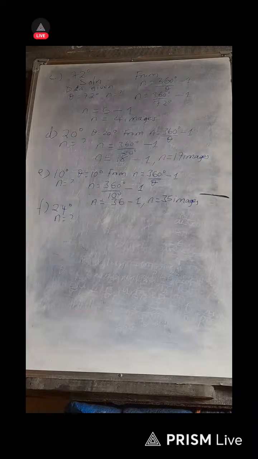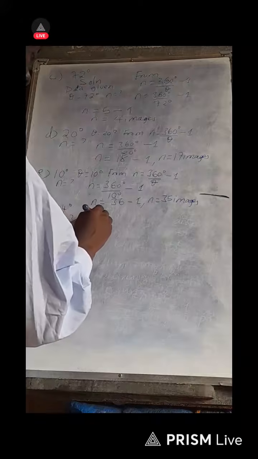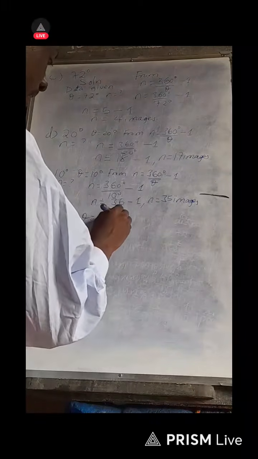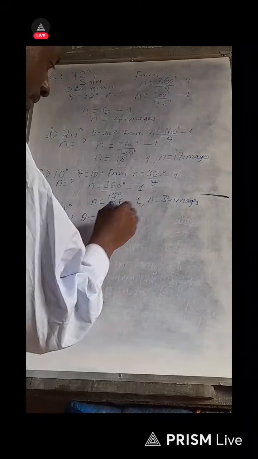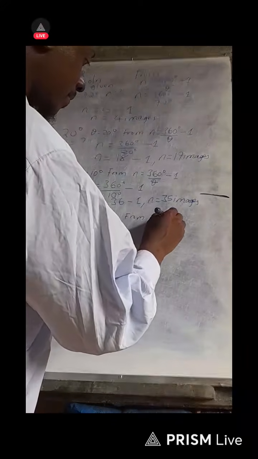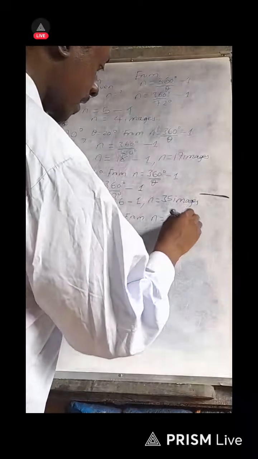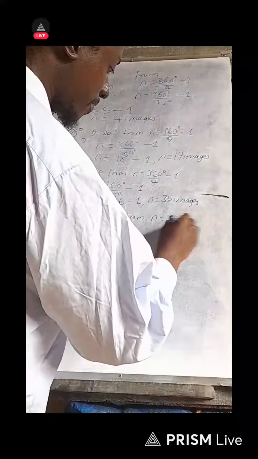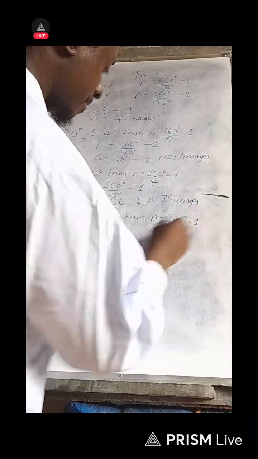Now, good. Let's confirm our answer. We will know angle we have given almost 24 degrees. Now we call the formula. From the formula, n is equal to 360 degrees over theta minus 1.